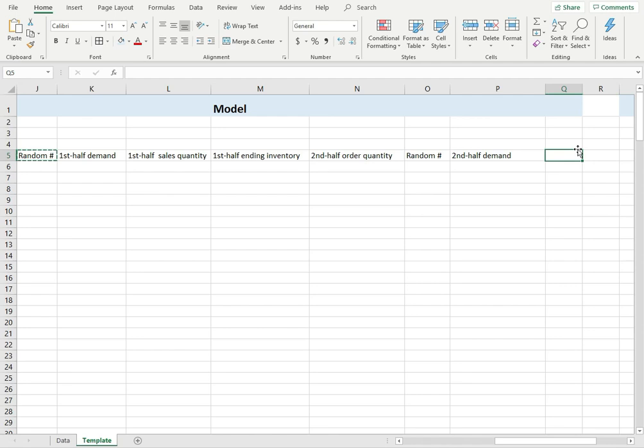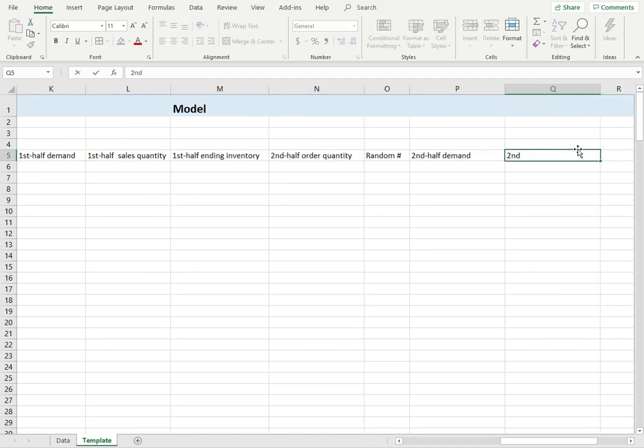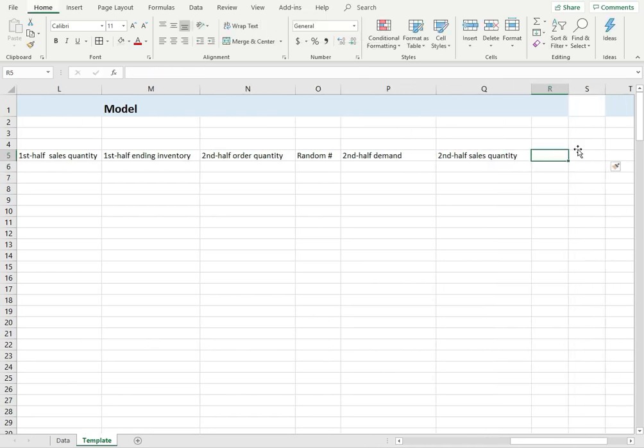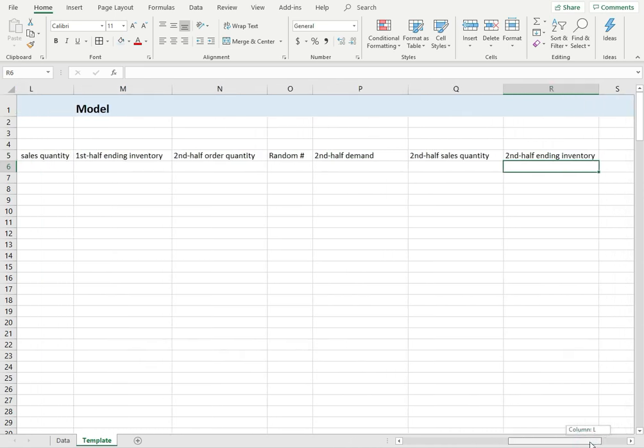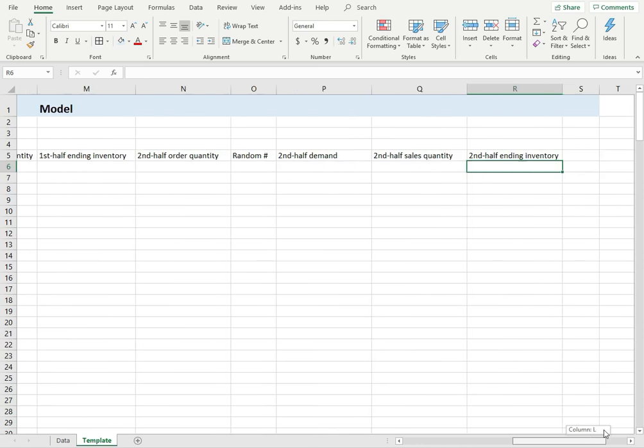Well, just like the first half, I can find out my sales quantity, second half sales quantity, and also my second half ending inventory. Okay, that's it. That's basically what happens over the course of a year.